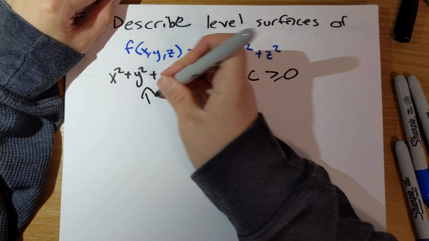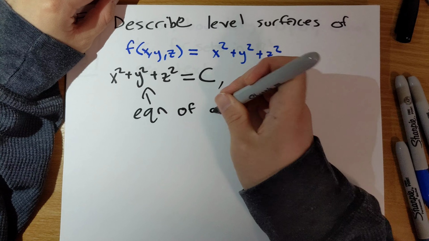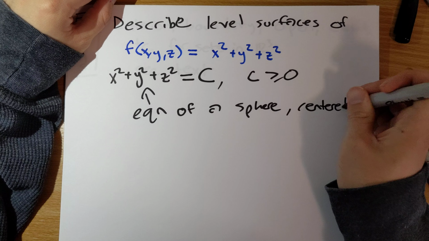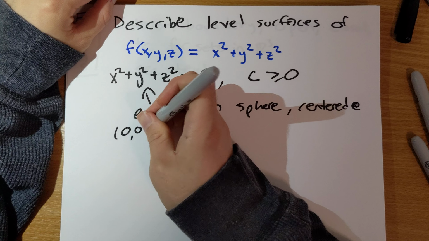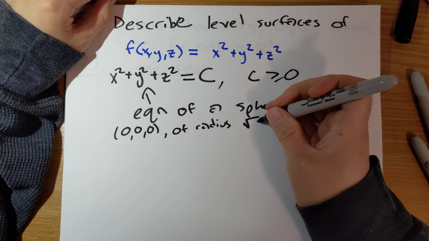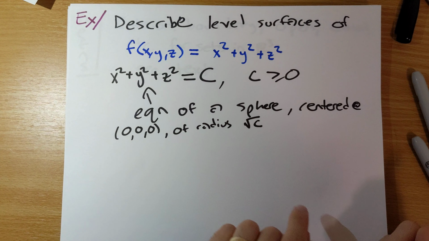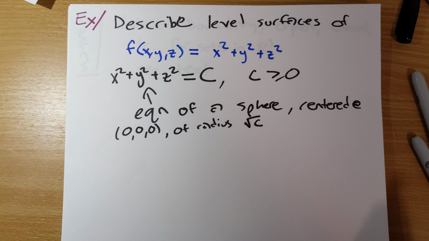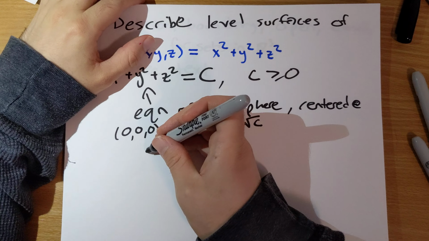This is the equation of a sphere centered at the origin of radius square root c. If c is equal to 0, it's just the origin itself. So what's going on here?